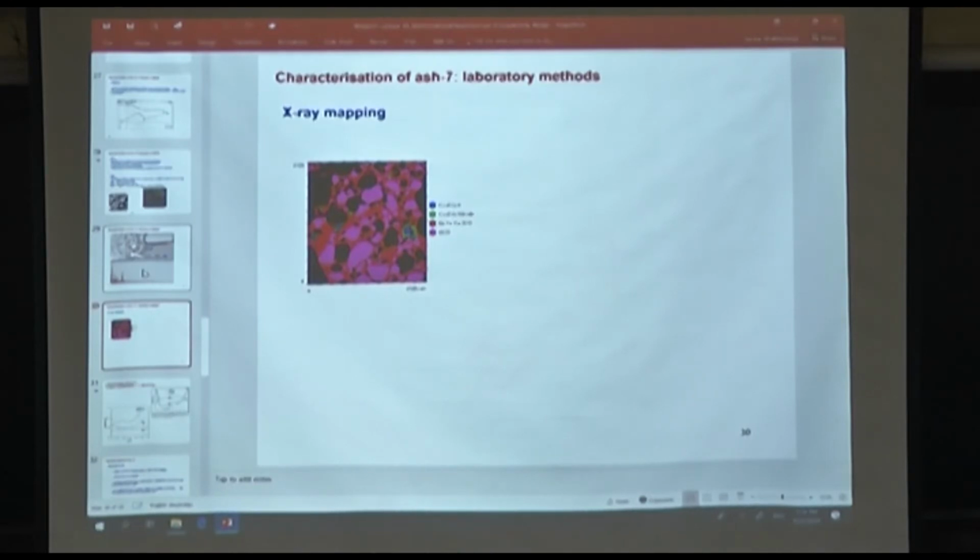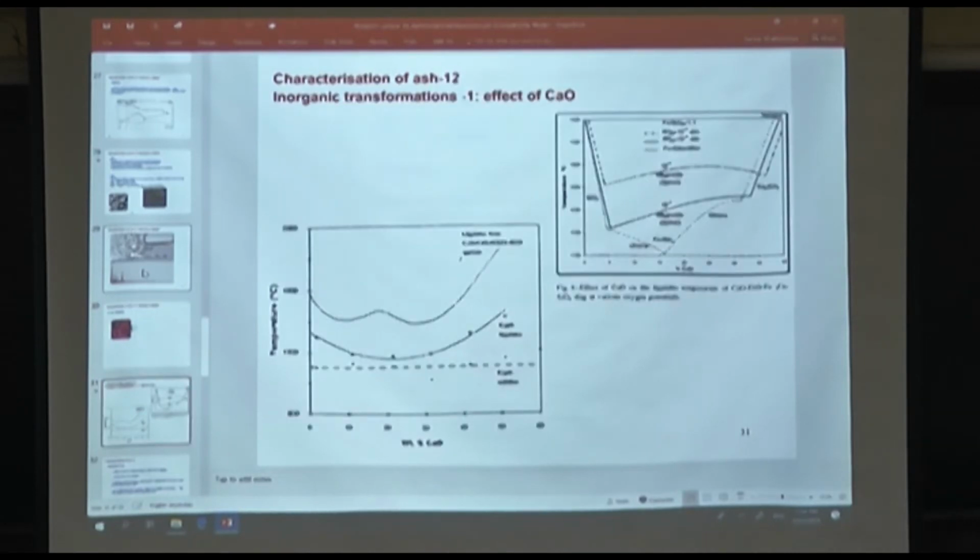But these are all automated processes. As long as you set it up, 30, 40 samples in one go, come back and then get the results. Then comes the actual work, the interpretation of it, and how that interpretation is translated into the operational strategy. Okay. So that's just one example of X-ray mapping, and I will talk a little bit more about it when we share my knowledge of CFBC and gasifier operation later.